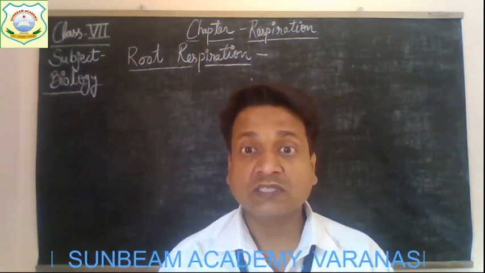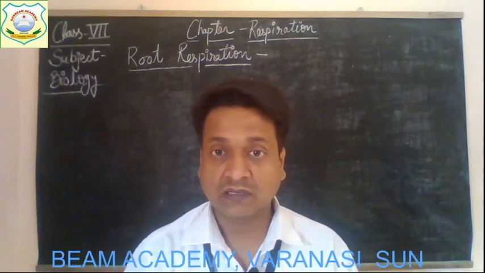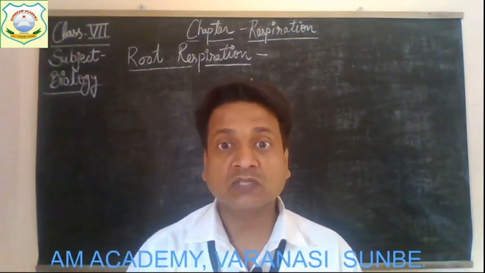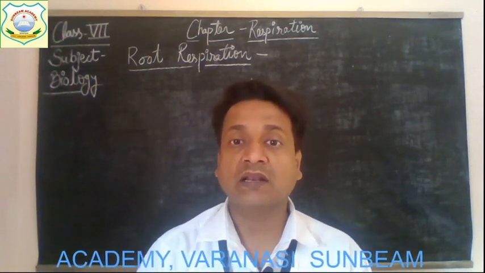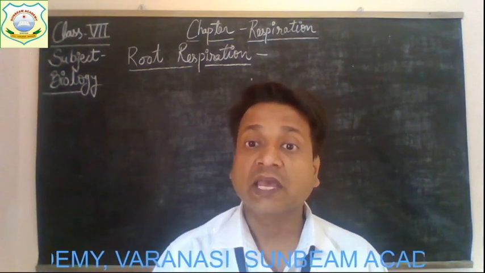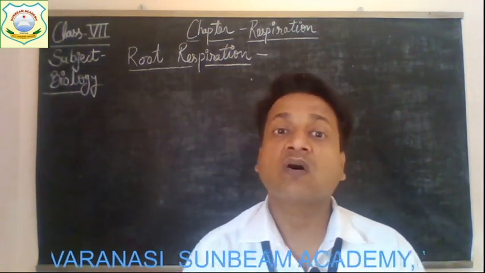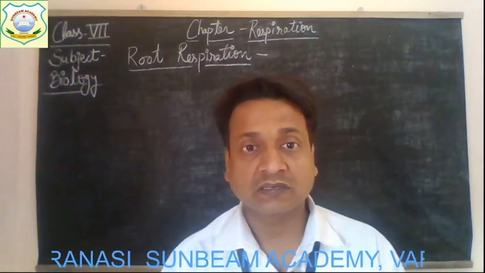The aerial roots are the hanging roots, the roots present above the surface, not below the soil. Such roots are known as aerial roots, and these roots help to take in air or oxygen for respiration.